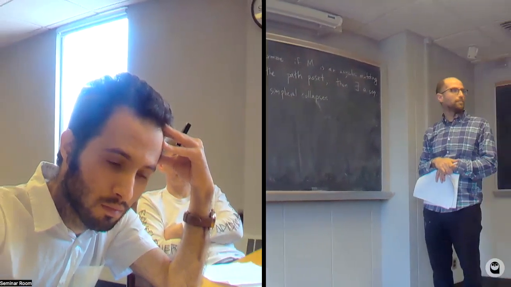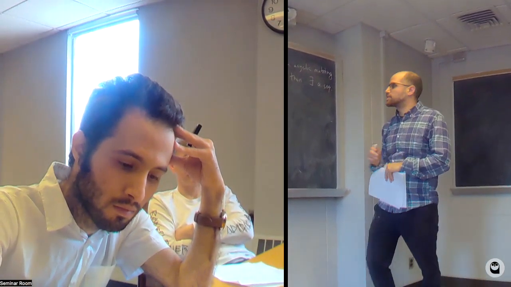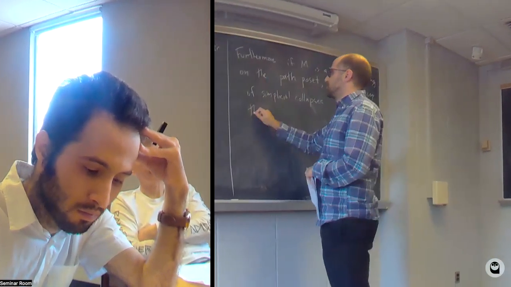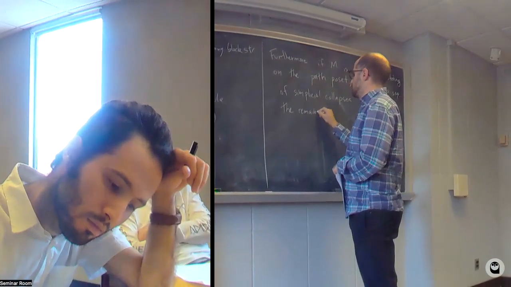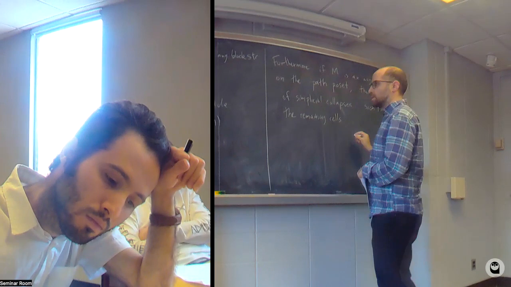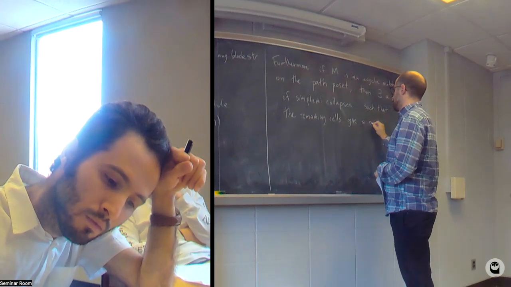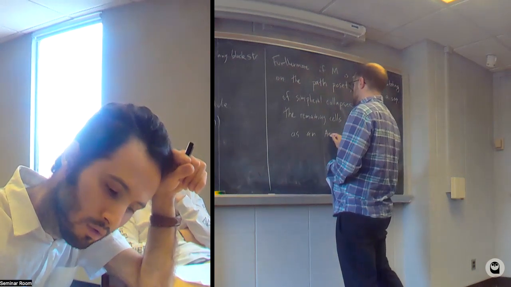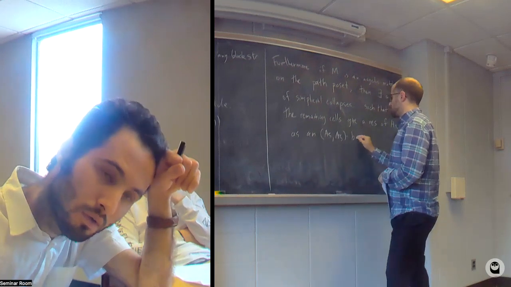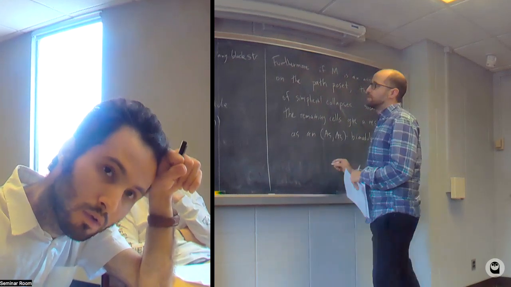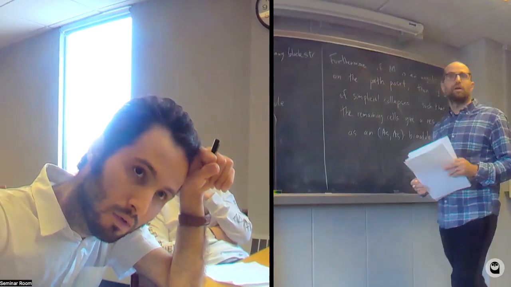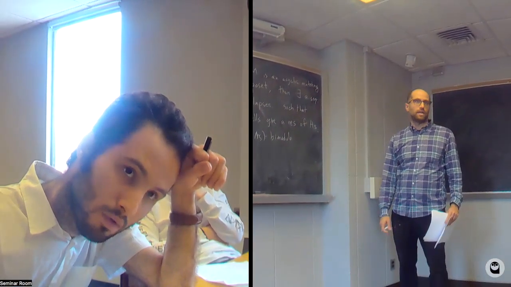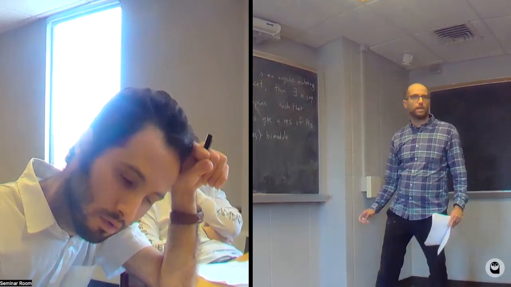This isn't my theorem, but such that the remaining cells give a resolution of AS. So I'm just saying you can refine this resolution further using Morse theory. The resulting complex is an analog of the discrete Morse complex.